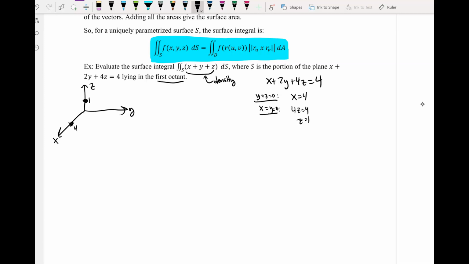And then I'm going to let x and z be 0. So you're going to get 2y equals 4, so y equals 2.